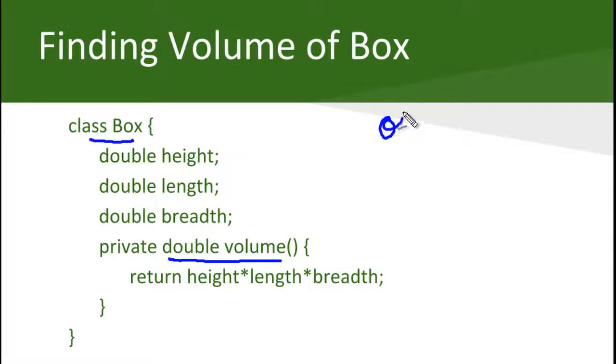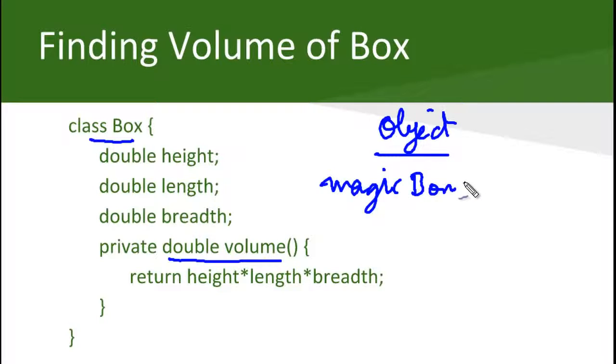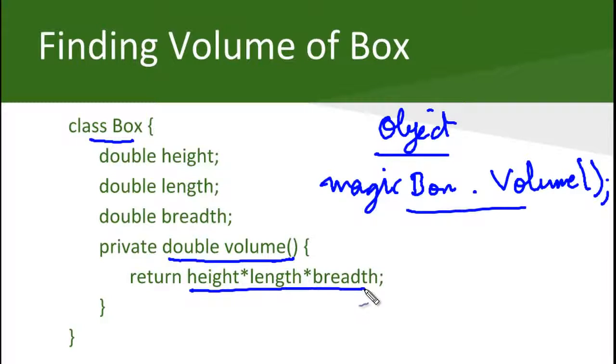So each object, say magicbox or soapbox, can directly access this method, and when magicbox.volume is called, the volume method associated with that particular object will be called, and height, length, breadth of the magic box will be taken, and it will return a double value.